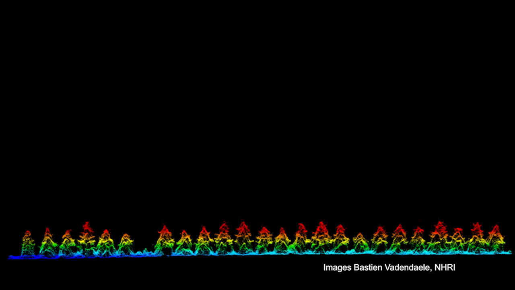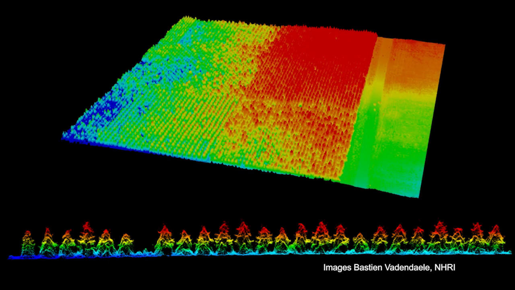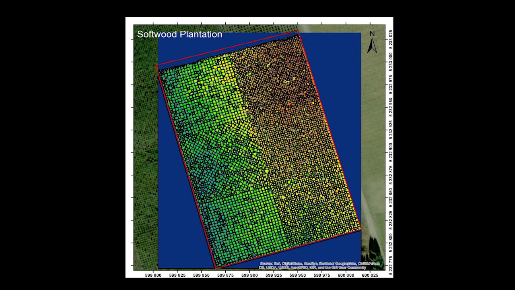But it's not the only use. Now we're starting to look at managed stands, and Tony talked about that today, and other people did as well. It's now time to try to figure out how to intervene in those young stands at an early stage. So this is again 2,000 points per square meter LiDAR on a 12-year-old plantation, where we're able to automatically extract heights and crown width for individual trees that are mapped.